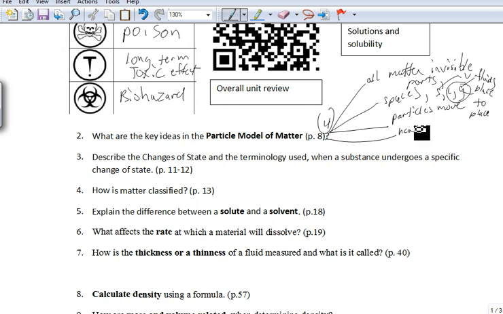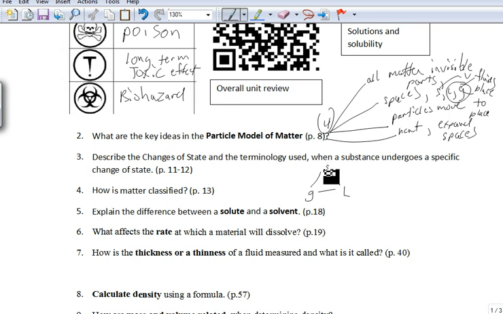Next, when we heat particles, they expand. The spaces in the particles expand, and they could change state. Speaking of changing state, on page 11 and 12, you need to know how the solid, liquid, gas triangle works when it comes to changing state.